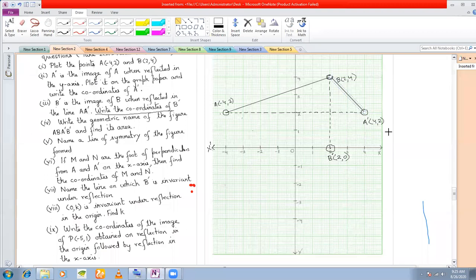We join B dashed, so we join this also, and we join these two also. Fine, we have joined.